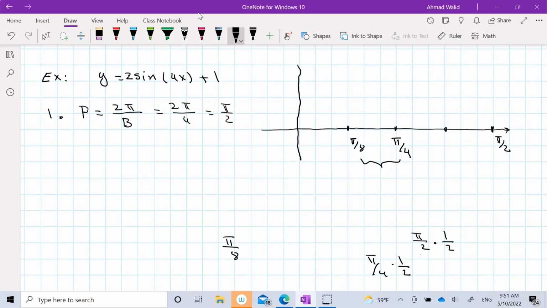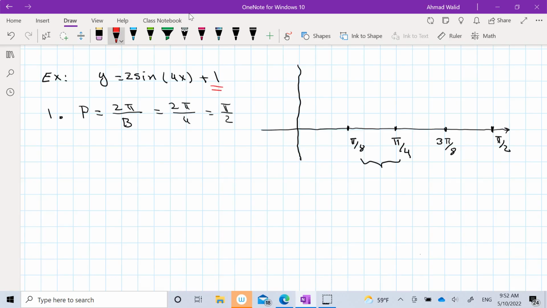Pi over 8 plus pi over 4. You need a common denominator, times 2. It gives you 3 pi over 8. You found all the points. You found your period. Now it's time to do the vertical shift.